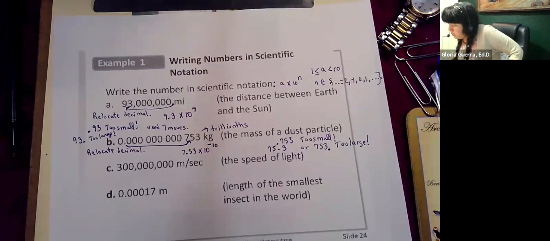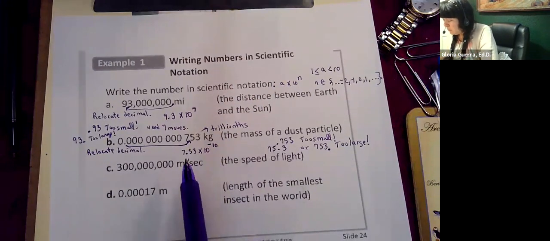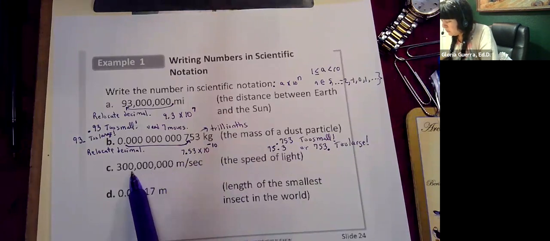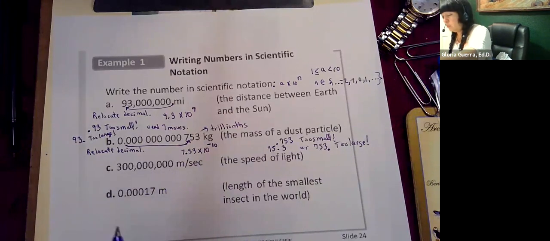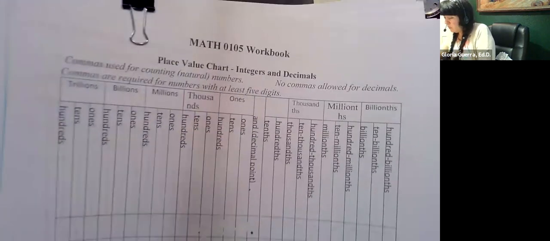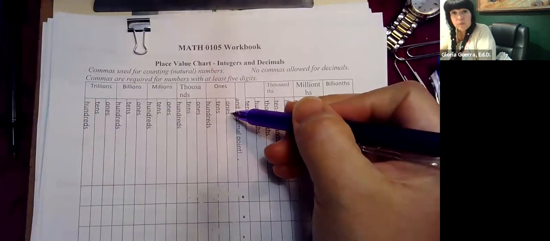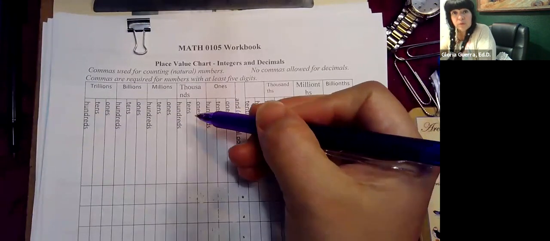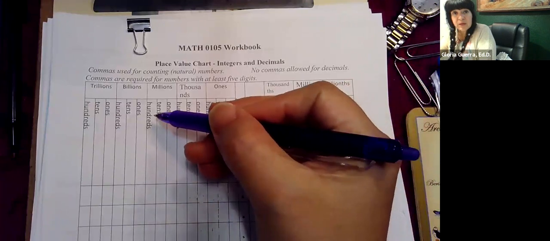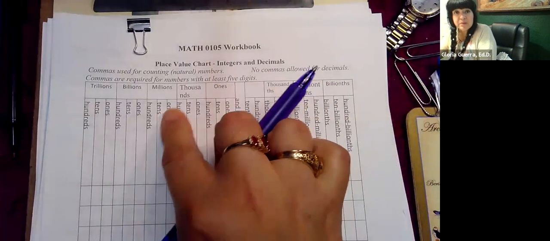Okay, so two more here. Let's see. So 3, 6, 9 digits. They're going this way. 1, 2, 3, 4, 5, 6, 7, 8, 9. So this looks like it's in the millions.